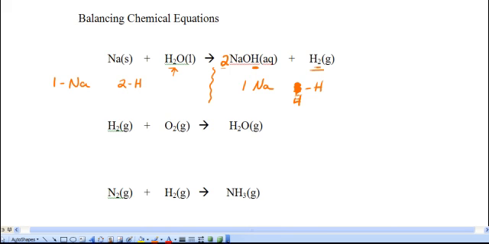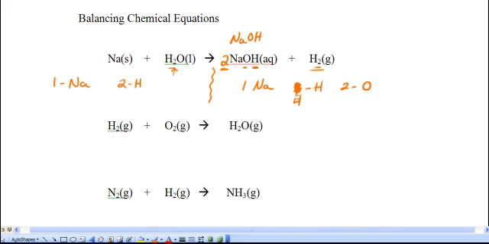When I put a 2 out in front of there, I now have 2 oxygens on that side of the equation as well. I have 2 times the 1 oxygen in that sodium hydroxide. Now when I put the 2 sodium hydroxides out there, what I really mean is I actually have 2 units of that. So I have NaOH and another NaOH. So you can think of it that way.